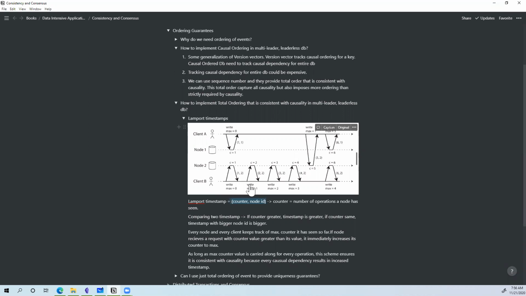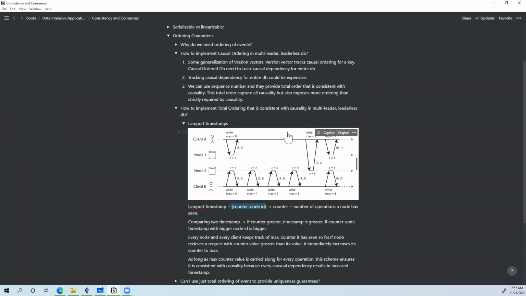So now this client knows that this node has seen 1 operation. It will make a write request saying, I know that you have seen up till now 1 operation. This node will see that before this it has seen 1 operation, so it will increment to 2, similarly to 3, similarly to 4, right? Now in this scenario, the other client will say, I have seen up till now 1 operation, so it will send the request with 1.